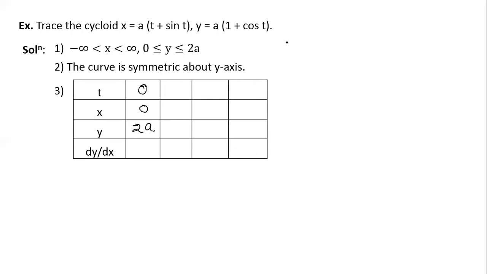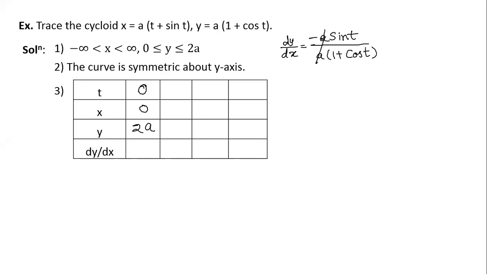But how to find dy by dx? See, dy by dx is equal to dy by dt upon dx by dt. So dy by dt will be a times minus sin t, and dx by dt will be equal to a times 1 plus cos of t.